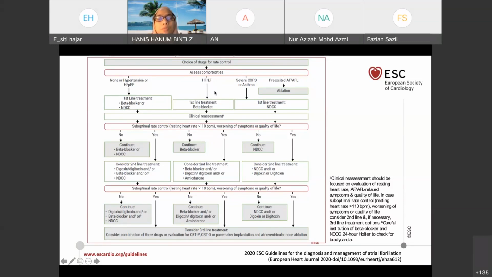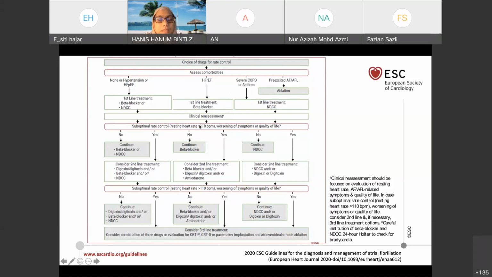If they're not stable at that time, what I mean by not stable is hemodynamically unstable, for example their BP drops, heart rate drops, they're unconscious, they have severe SOB, they have pitting edema. Those are the normal signs and symptoms of heart failure. We cannot give beta blocker yet. We give digoxin.